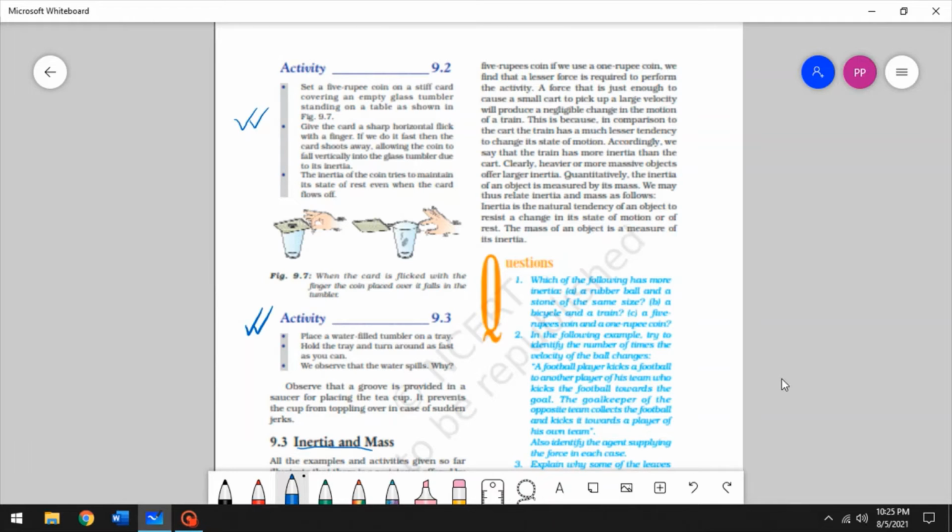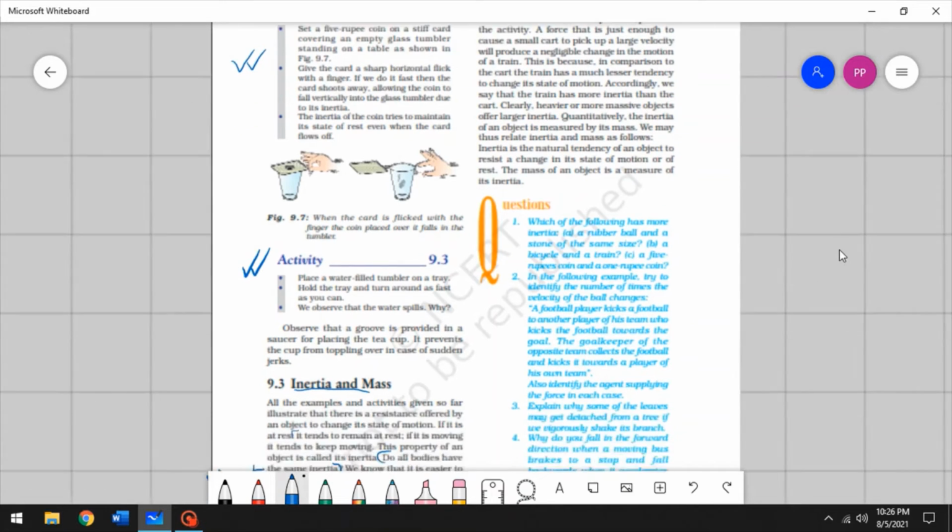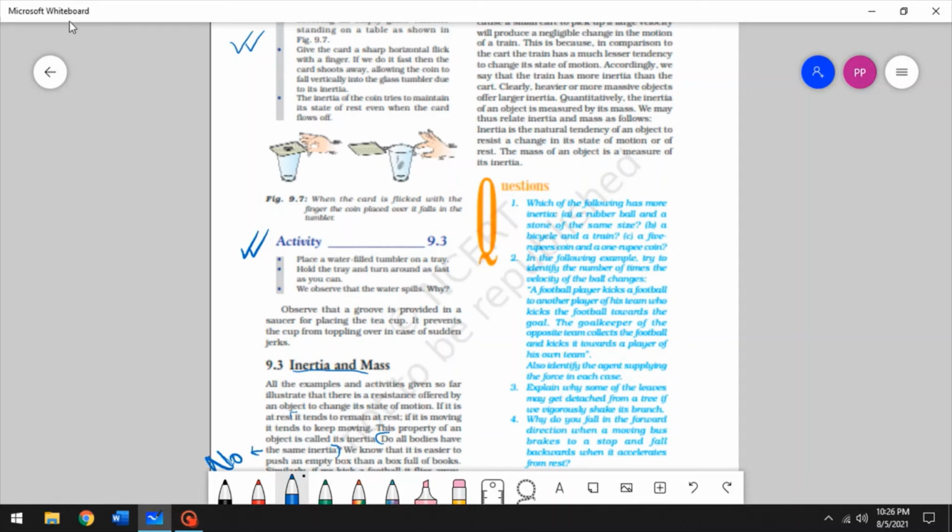There are good chances of less massive or lighter objects having their state changed because of an external unbalanced force that is weaker, right? Weaker. I don't mean very weak, but I mean weaker than what we're using for the massive object. Alright? Okay, so the mass of an object is a measure of its inertia.